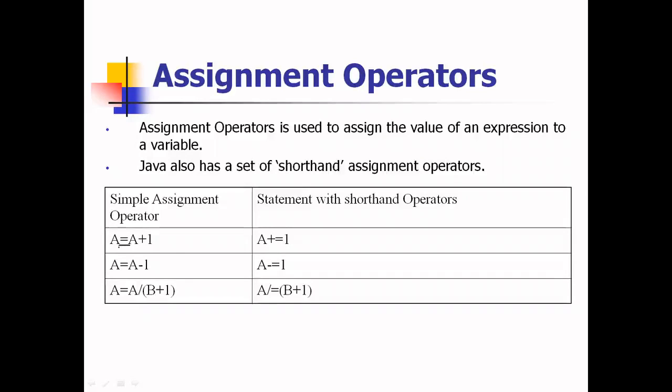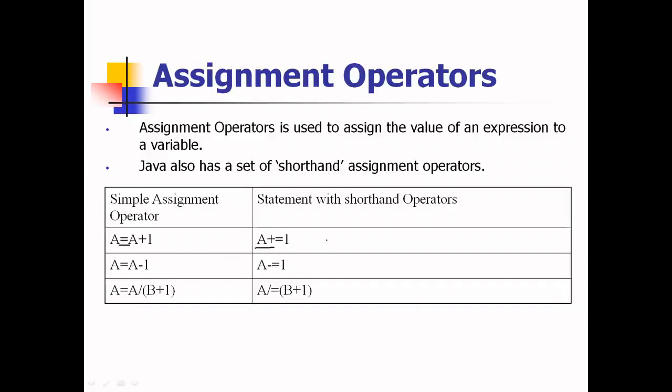We have a statement a = a + 1, and this is a simple assignment statement, whereas we have a shorthand assignment statement on the right side. You can see the same statement can be written using shorthand assignment as a += 1.